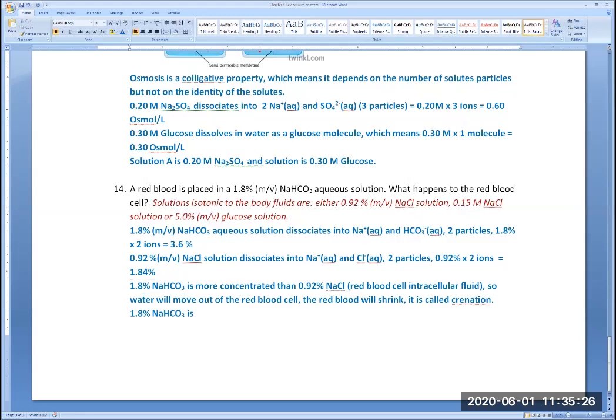So it's more concentrated, so yes, we say it's hypertonic to the 0.92% NaCl or the red blood cell. So that's how we classify isotonic, hypertonic, or hypotonic solutions.